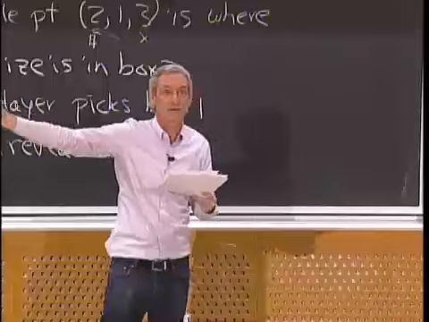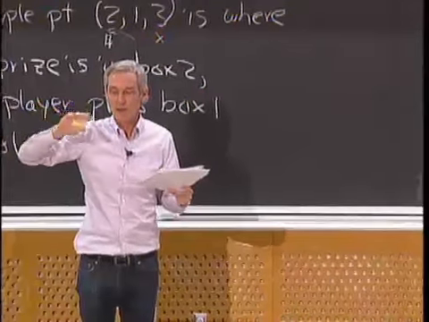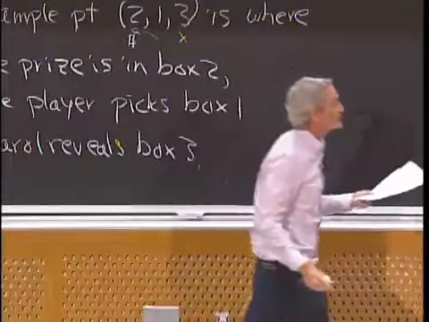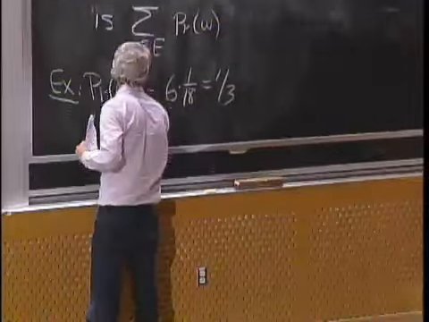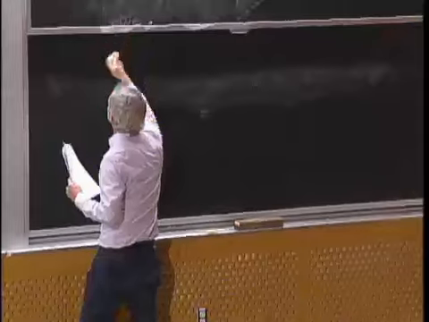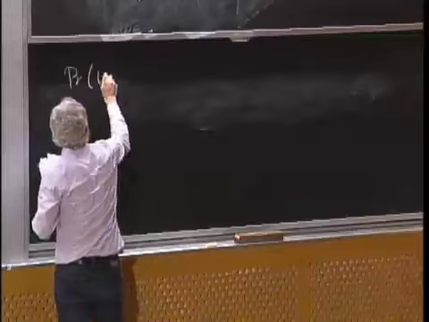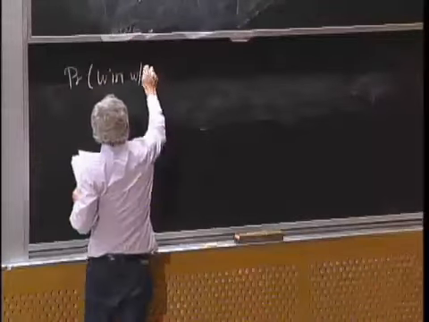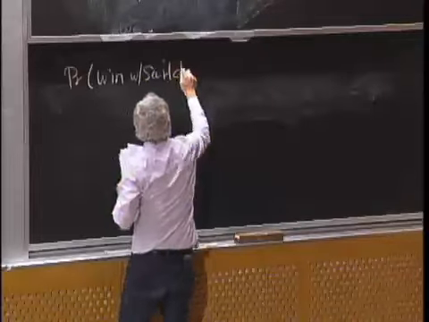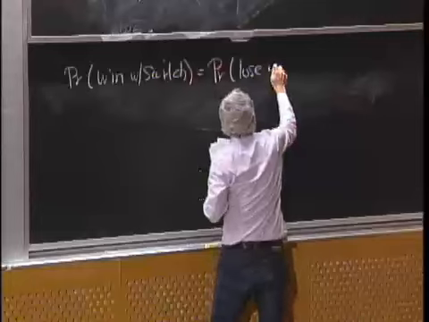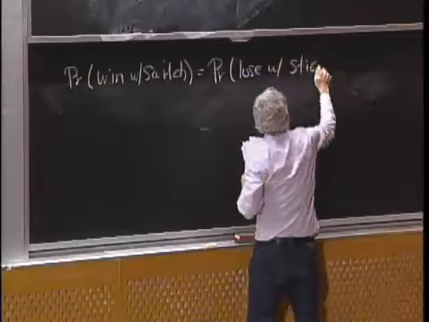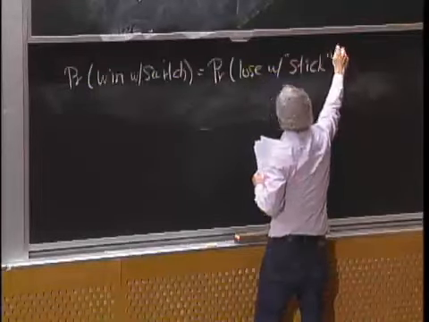It's not too hard in this case because the probability of winning on a switch equals the probability of losing on a stick. So the probability that you win with switch equals the probability you lose with the stick strategy.